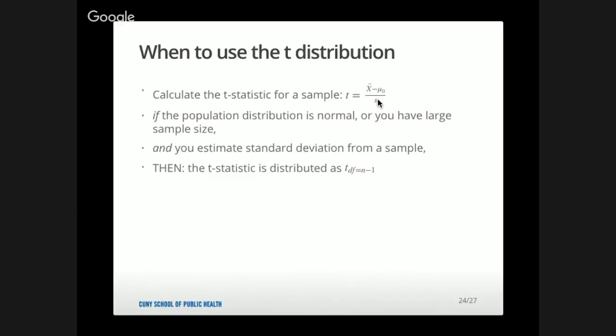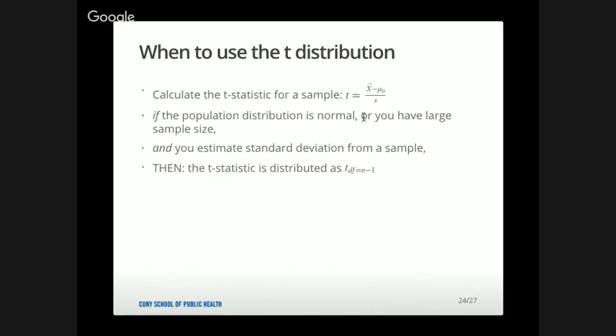And you notice I say here, if you have a large sample size, I'm actually not recommending that you use the central limit theorem, which would say you have a normally distributed sampling distribution. You would still use the t sampling distribution for large sample sizes if you're estimating the standard deviation from the sample.